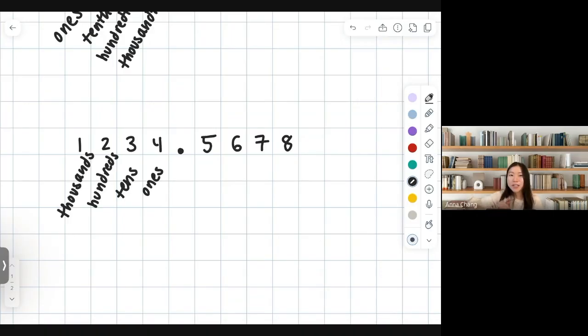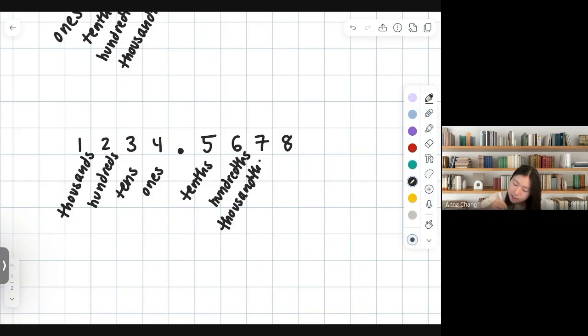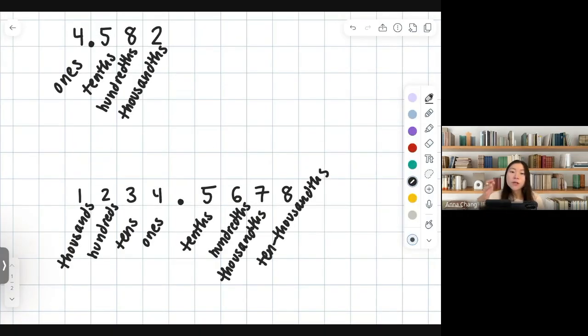We follow a very similar naming convention, but in the other direction for our decimal values. So this is our tenths, this is our hundredths, this is our thousandths, and this last one here is our 10,000ths. Just like with whole numbers, each place value is worth 1/10 the value of the place to its left.